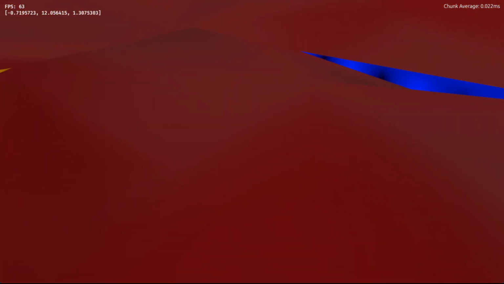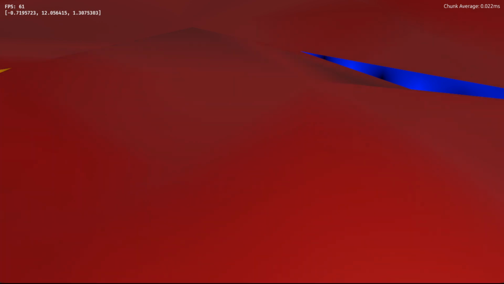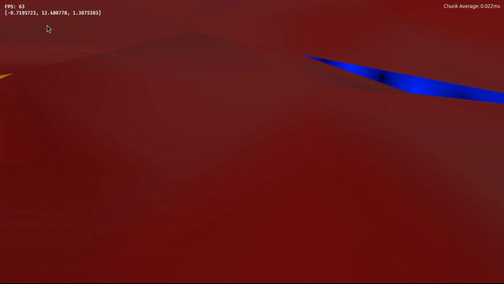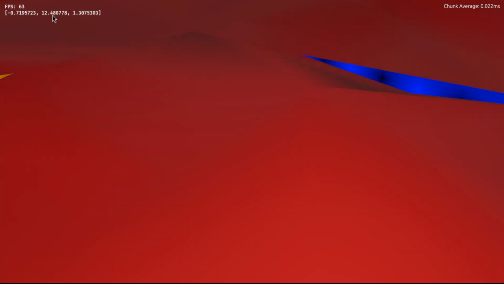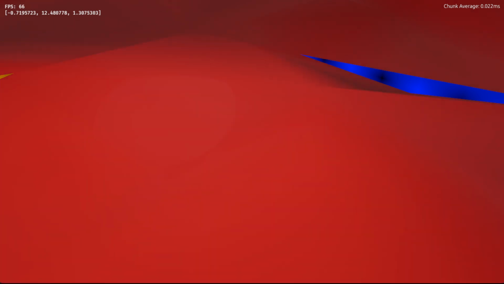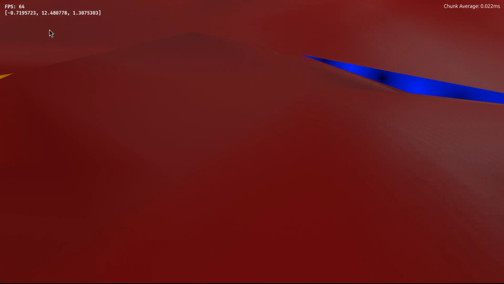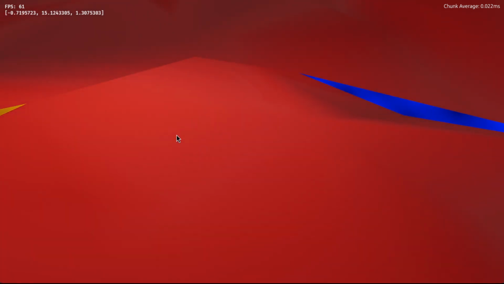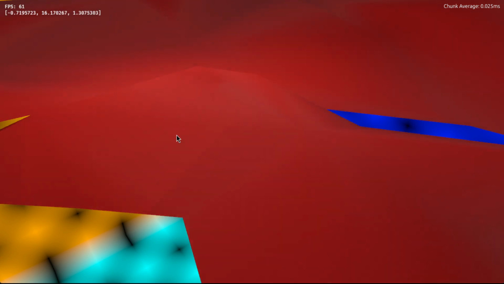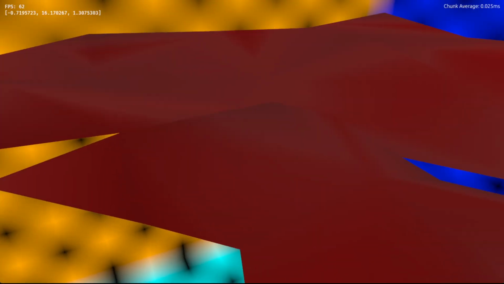But the main thing I have in place now is a rounding calculation, where you can see my height, for example, is 12, and the size of this chunk here is 32. So right now it's rounding down to 0, but if I go above 16, then you can see everything changes, because now it's rounding up to 32.